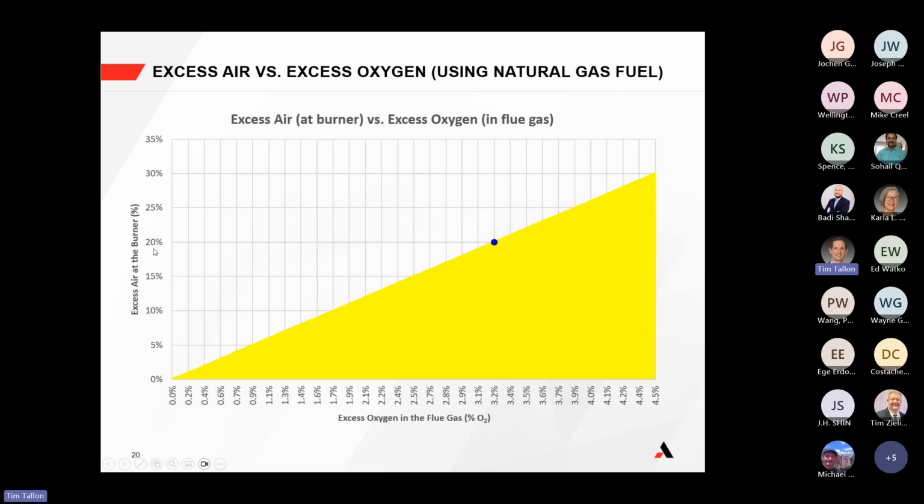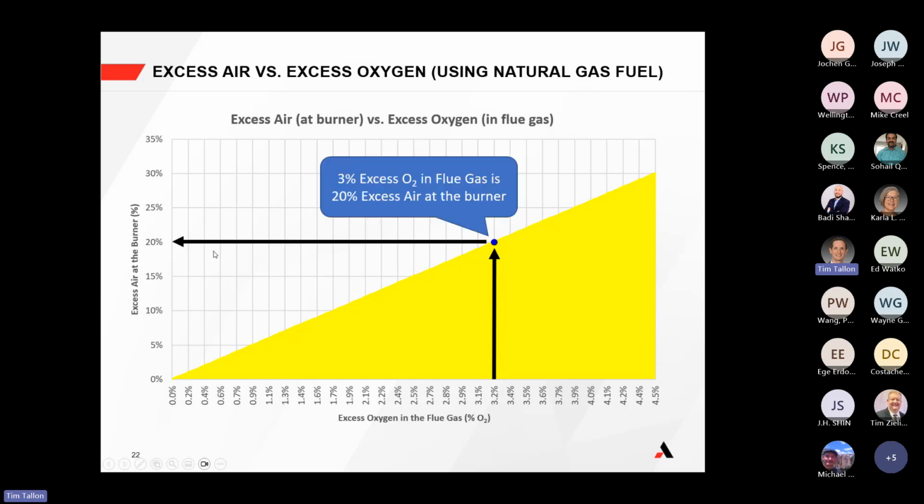And that 20% excess air at the burner is important because that's a safety margin of 20% extra air, to ensure that everything's fully oxidized. And as a result, we have, in this case, roughly 3% excess oxygen. So in the case of 3% excess oxygen in the flue gas, we should expect that to be roughly 20% excess air at the burner.